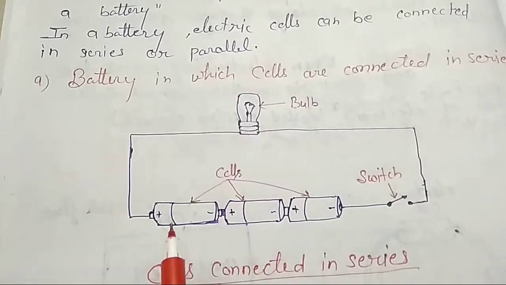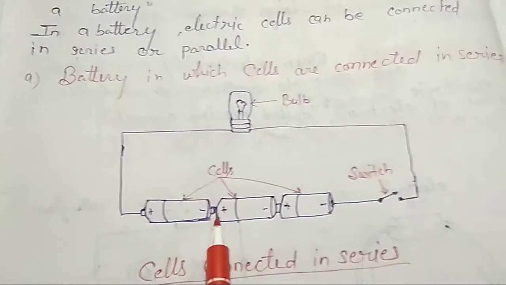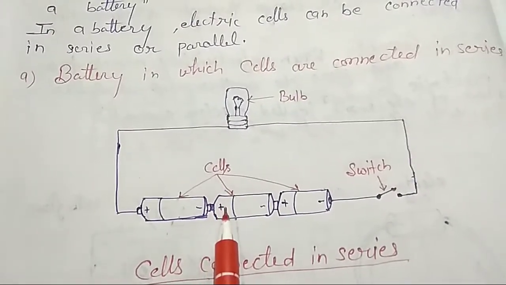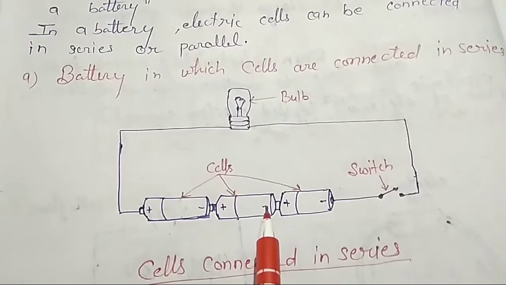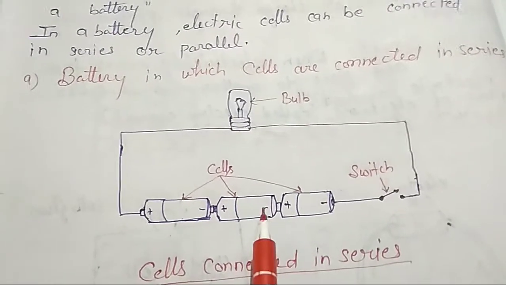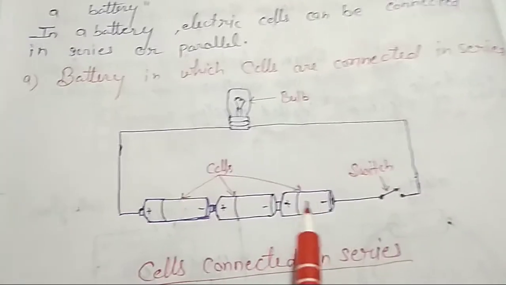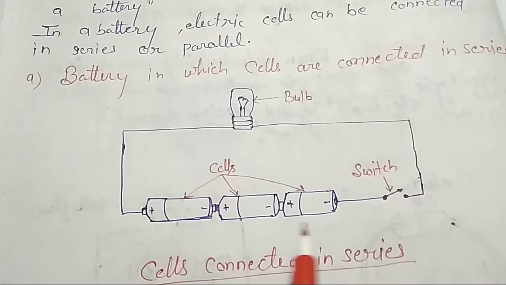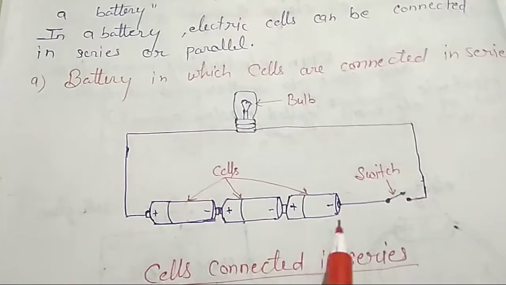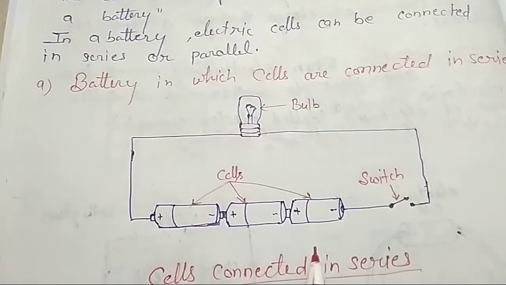The negative terminal of one cell is connected to the positive terminal of the next cell. Same here, the negative terminal of the second cell is connected with the positive terminal of the third cell. So they are connected with each other in series. That's why this connection is known as series.